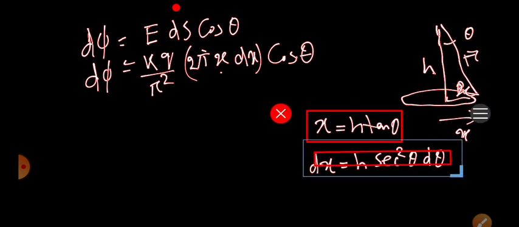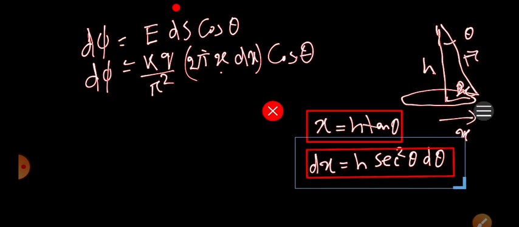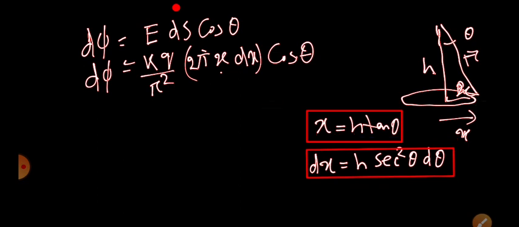Okay, and I can calculate the value of another variable, r. So you see r by h is equal to secant theta, so r is equal to h secant theta.